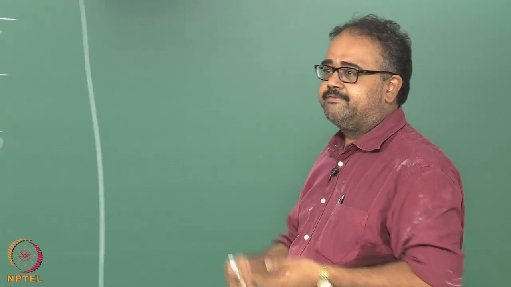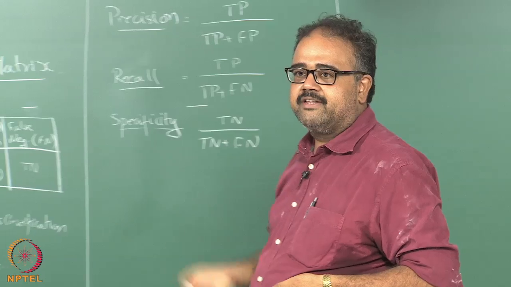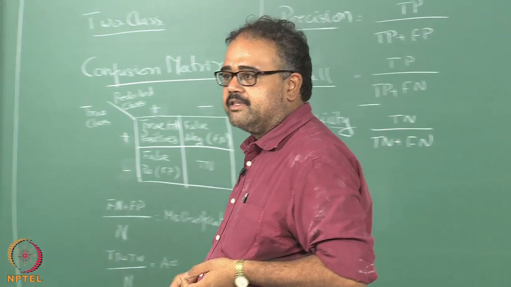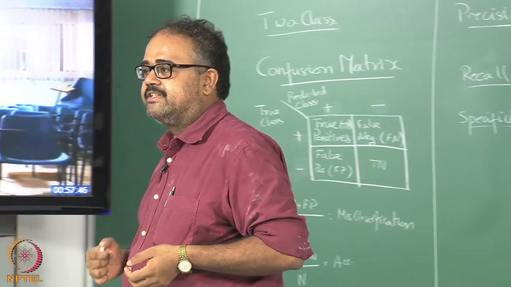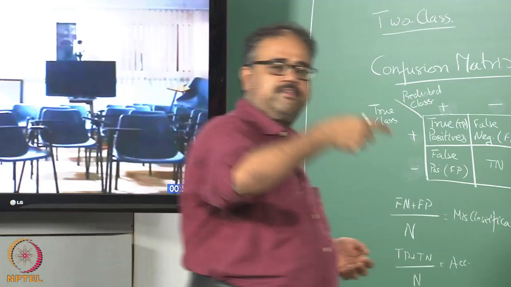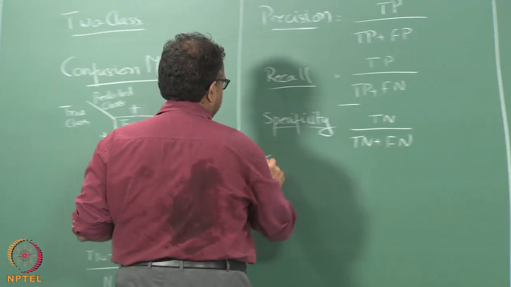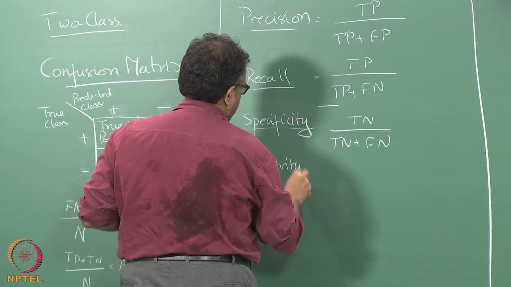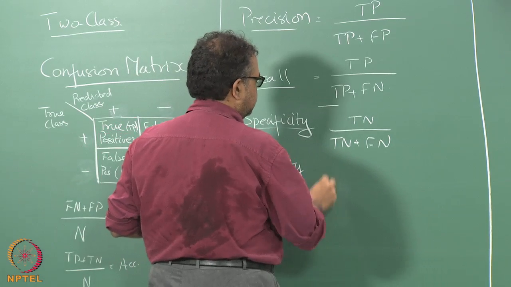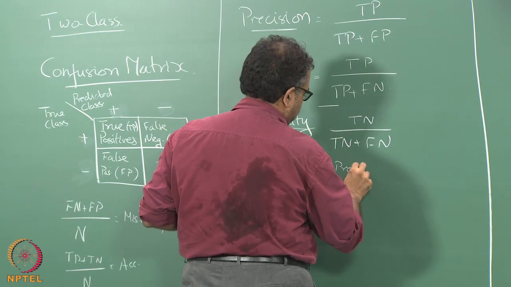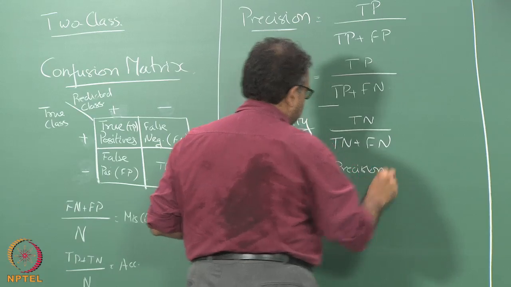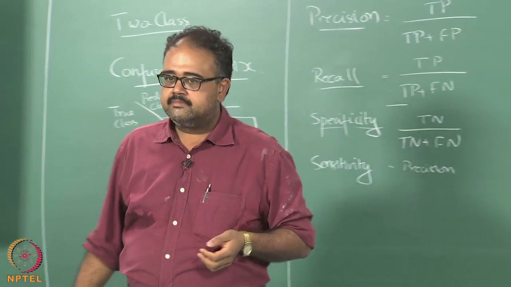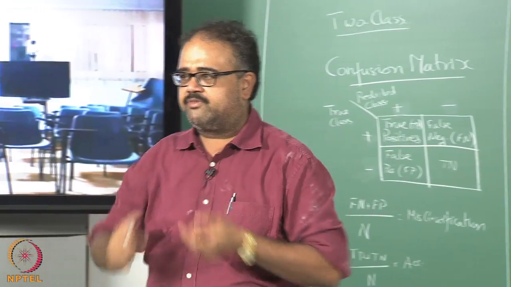If you are building a classifier that predicts whether a person is suffering from a particular disease or not, then it should have a high specificity. The flip side of specificity is sensitivity, which is terminology that comes from the medical domain.